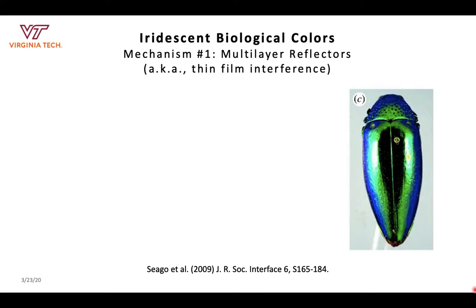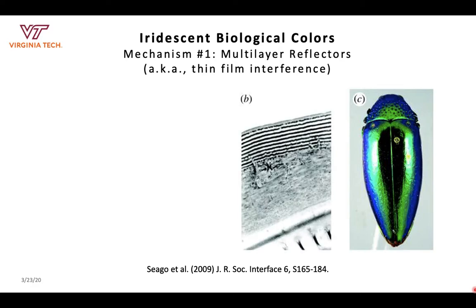Okay, so here you've got a beetle that has this, I think it's called a cuticular sort of, let's say, exoskeleton, and you can see that it obviously has very iridescent blue and green portions of color, or areas of color.